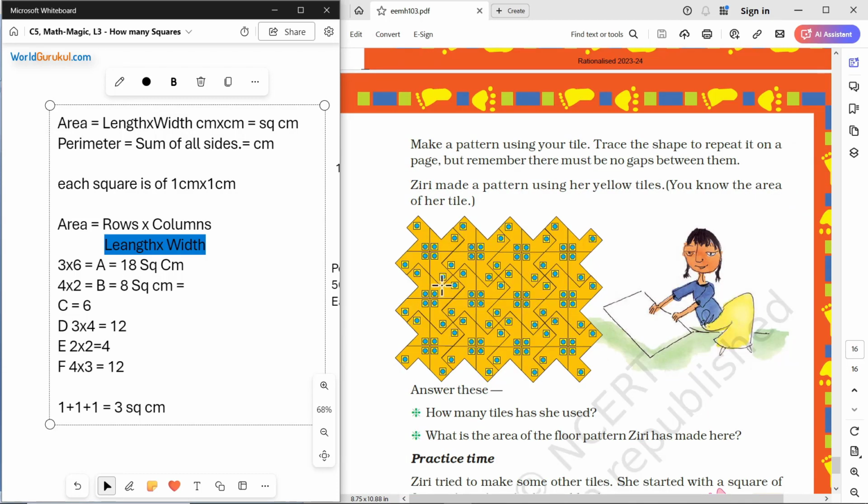So this looks beautiful, and these all appear to be 1 square foot tiles, or maybe 1 square centimeter tiles. Making a tile using a pattern is more important and more interesting.